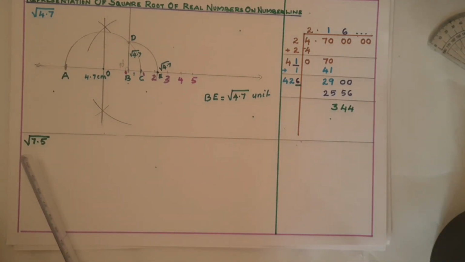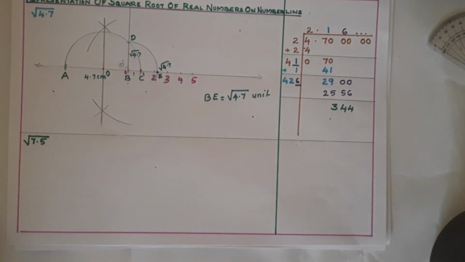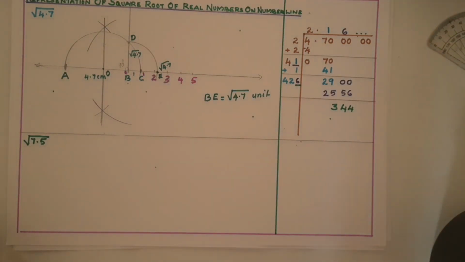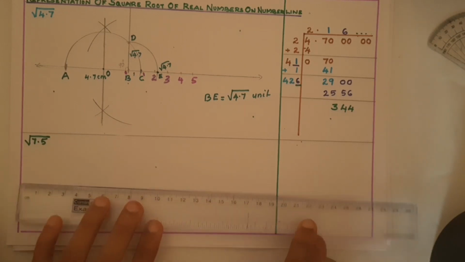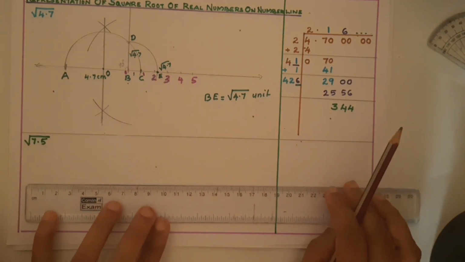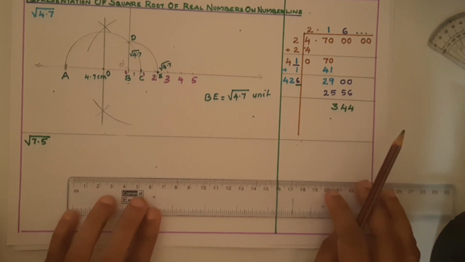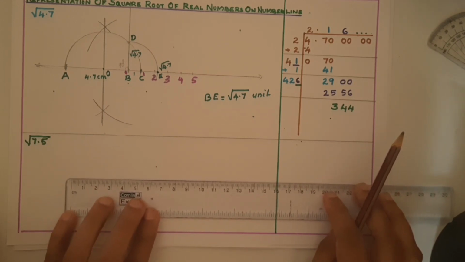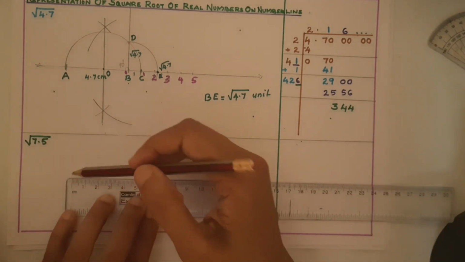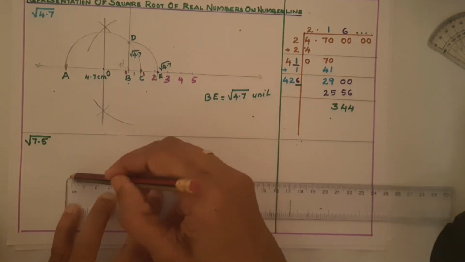Square root of 7.5. How can we start? Can you recall the steps? First we have to start with a line. We are drawing not a number line, a straight line.